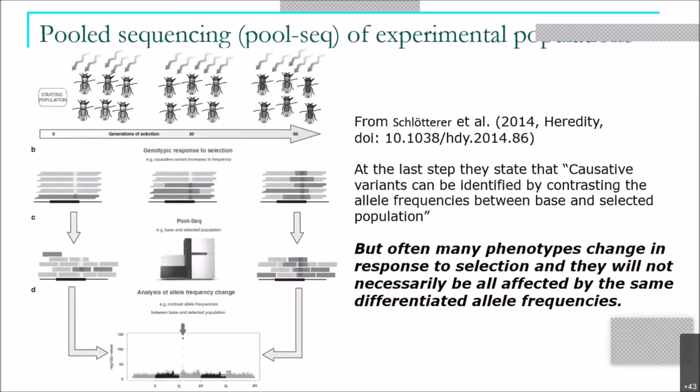Now, complexity was, of course, greatly exacerbated starting in 2010 with the advent of pooled sequencing of experimentally evolved populations.